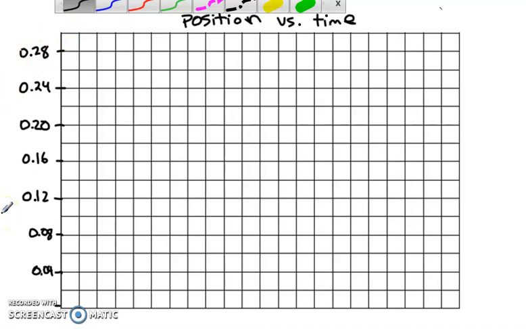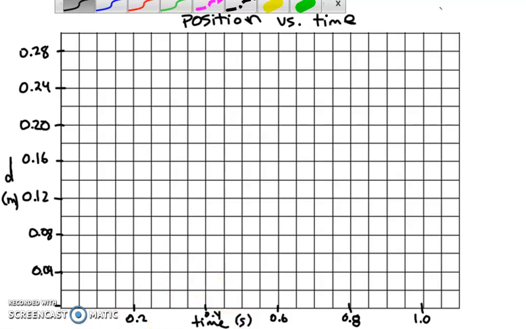This is the displacement, which will be in meters, against time. Time goes for 1 second, so we're going to make each 4 of these equal to 0.2 seconds. That works nicely for our data as well. We've got a little bit of space at the end, that's all right, and this is in seconds.